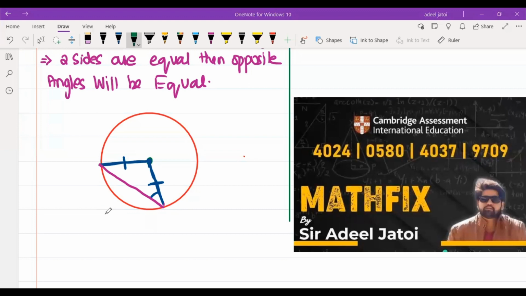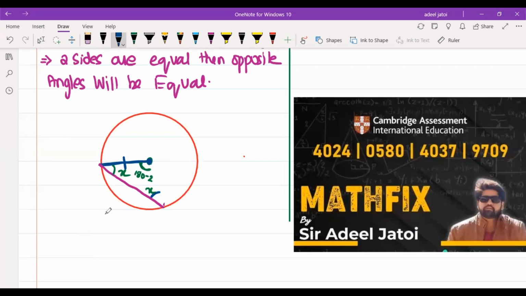So isosceles triangle will always create what? Two sides are equal, then two opposite angles will be equal, and the sum of the triangle will remain what? 180. So which means if this is x, then this will be also x. And this should be 180 minus 2x.